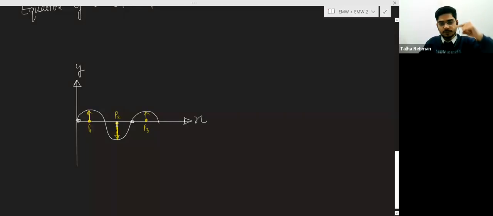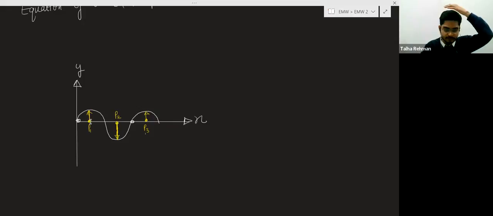Basically, a particle oscillates about its mean position. What is the mean position? This is the mean position. So particles in a wave oscillate like this.